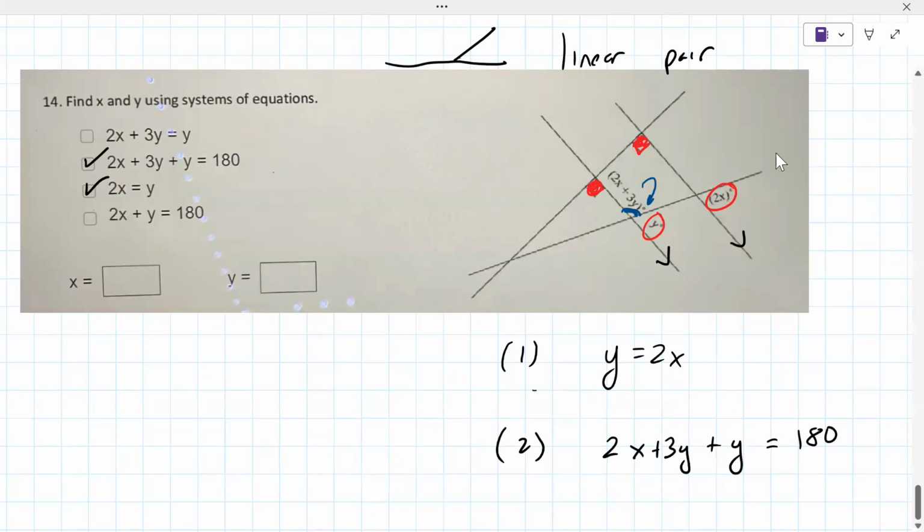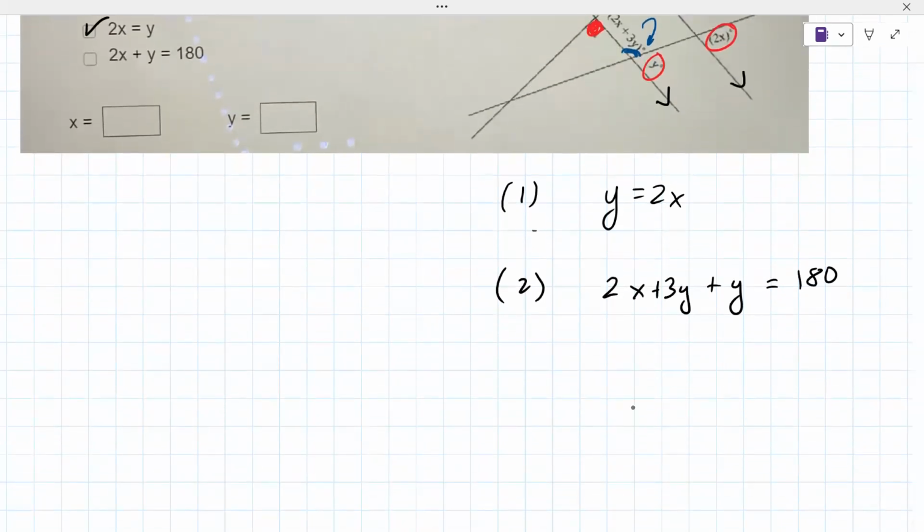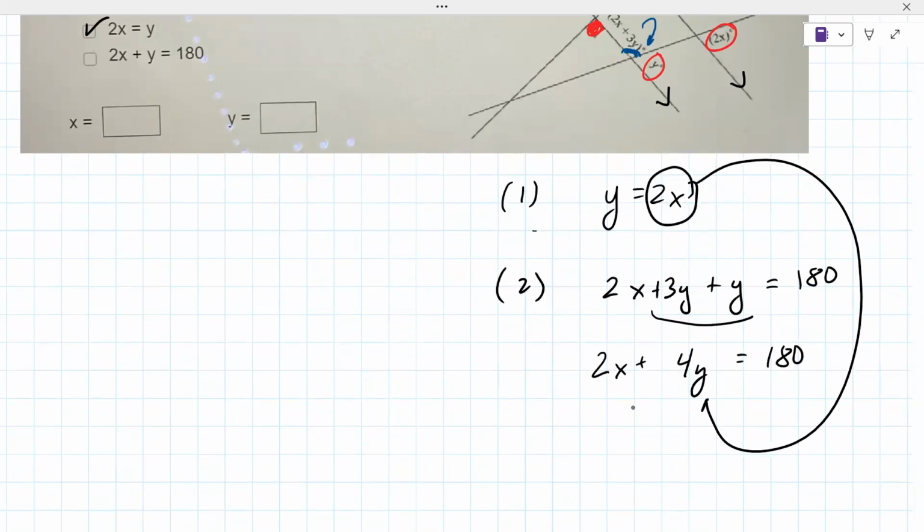All right, now to solve this, we're going to substitute, but before we substitute, we're gonna combine like terms. So the 3y plus y becomes 4y. And then y is really 2x. So we're gonna put that 2x in for y.